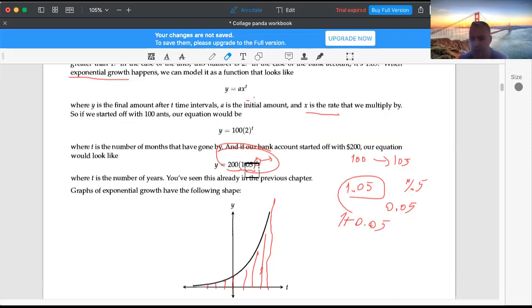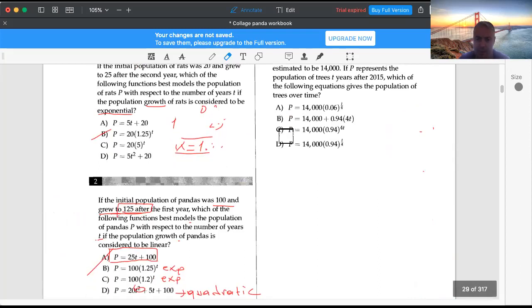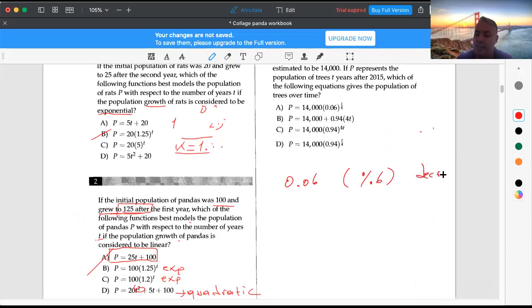Each year, this increment we have. 0.06, which means 6%, decrease is happening, but not each year, not every year.